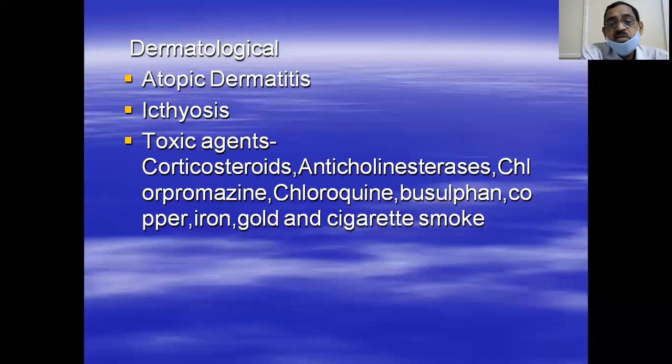And there are certain toxic agents which can also result in cataract formation. One is a corticosteroid, anticholinesterase, and chlorpromazine, chloroquine, busulfan, copper, iron, gold, and cigarette smoke. All these are the toxic agents which can give rise to the cataract formation in the long run.